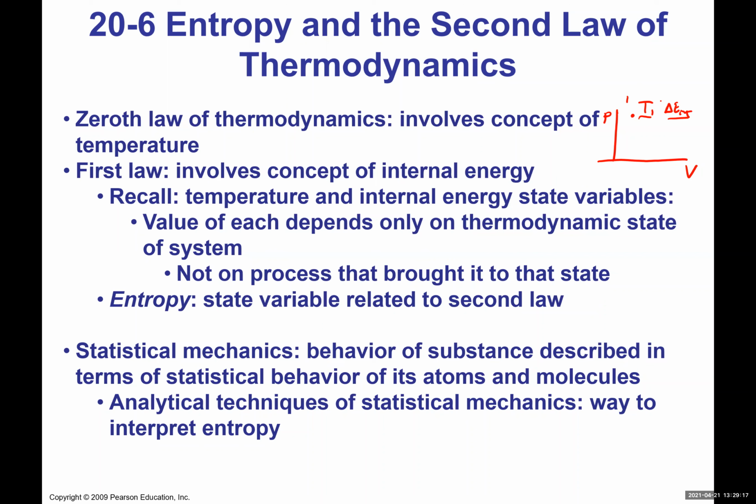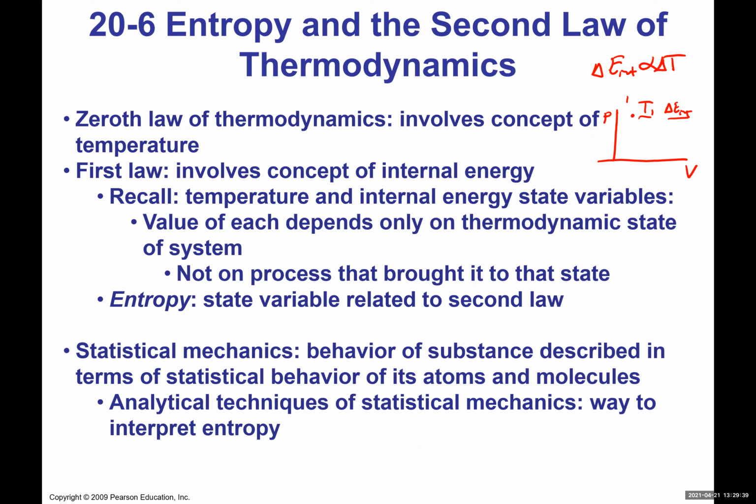But internal energy would only change if the temperature changes. So internal energy is proportional to the temperature of one state. If you change this, you change that. And only a change in temperature would change the internal energy.